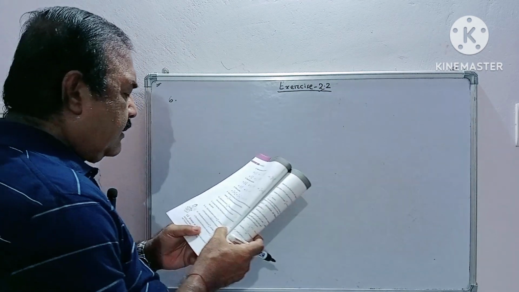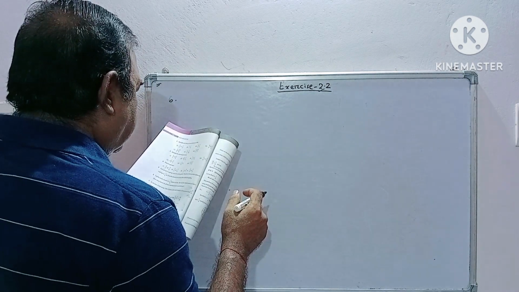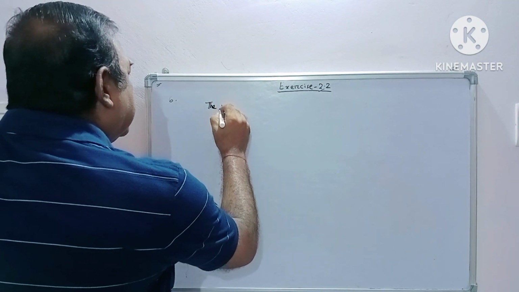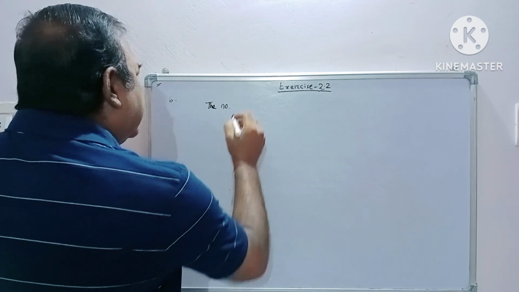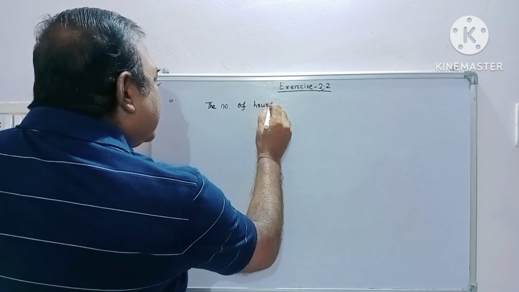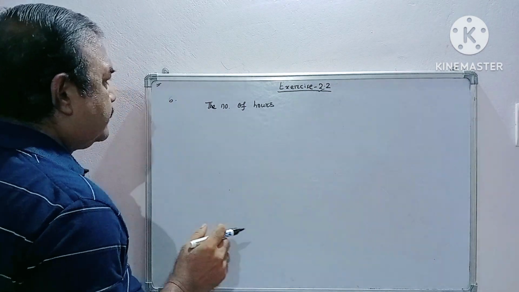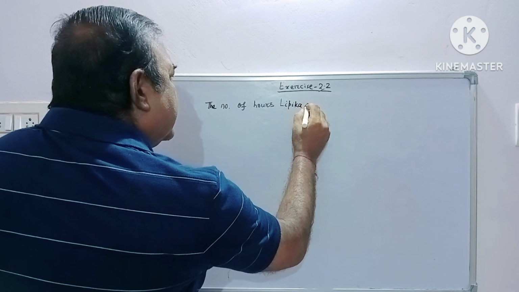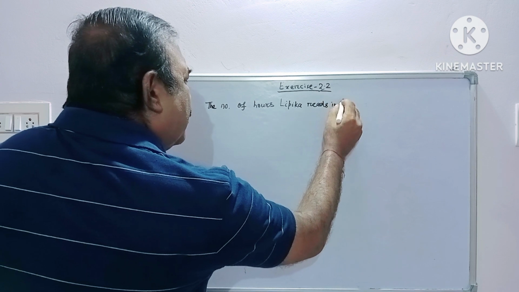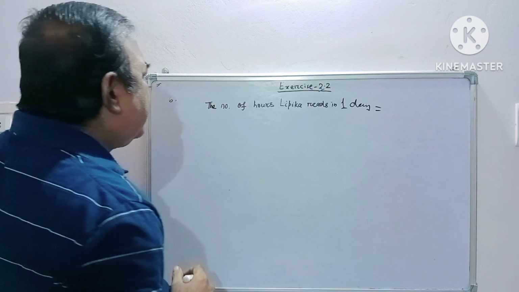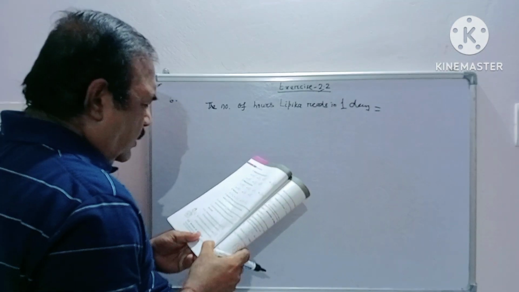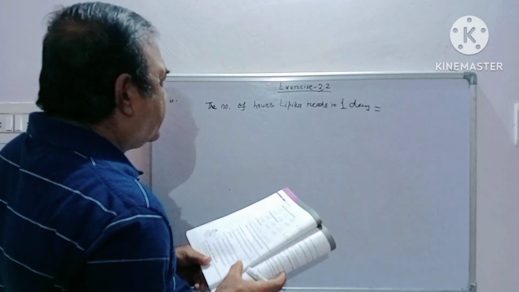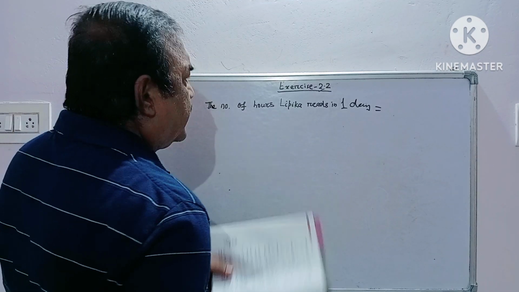So you see, the number of hours Lipika reads in 1 day is equal to what has been given, 1 whole number and 3 upon 4 hours.